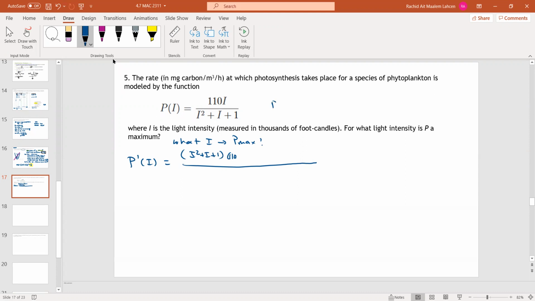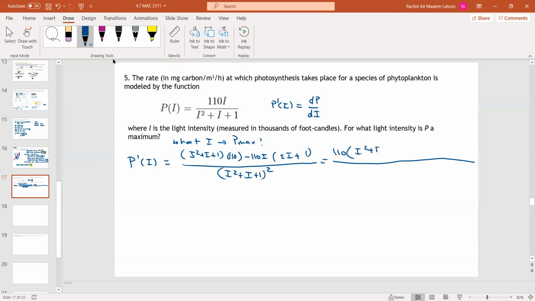Of course, with respect to I, so P prime of I means here dP/dI, the derivative with respect to I. Let's factor out 110. And let's simplify.